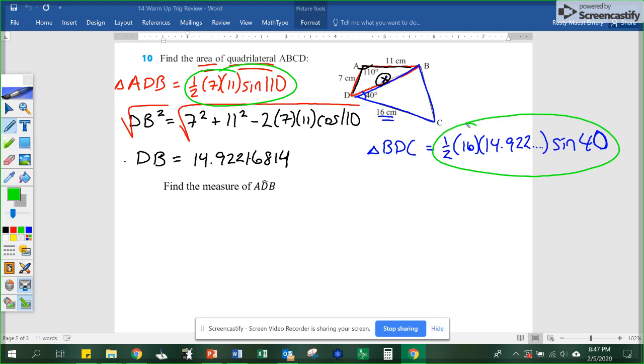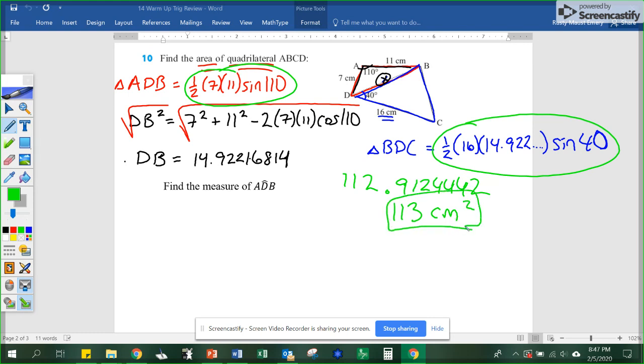So I end up getting 112.9124442. So the three sig figs, 113. And that is area, and our units are centimeters.